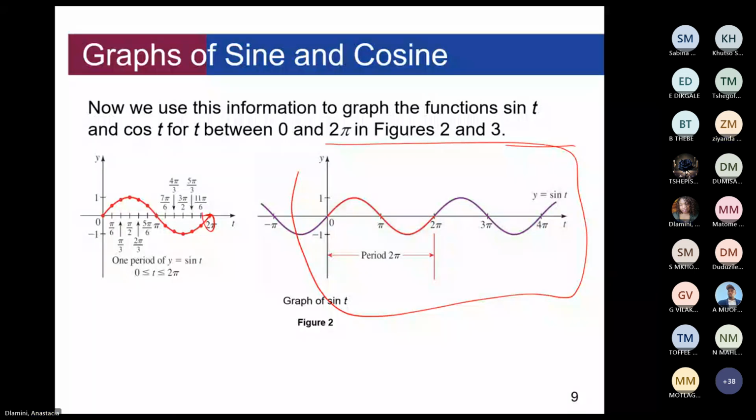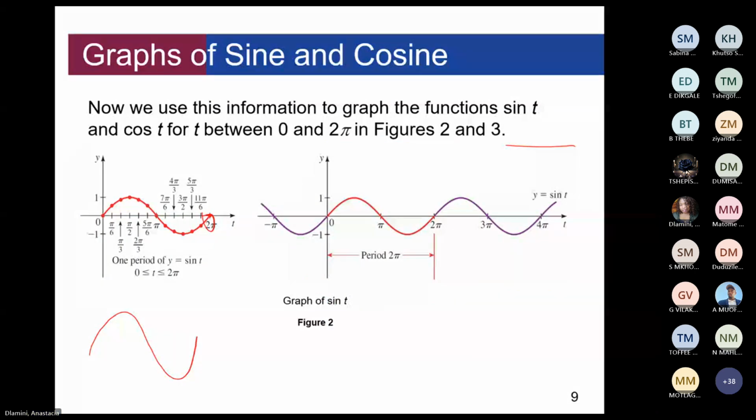You know sine is always like this. This is one complete period of sine. Go and check this shape. Do you see that if I draw a line here, there's my shape? There's my sine graph in here.